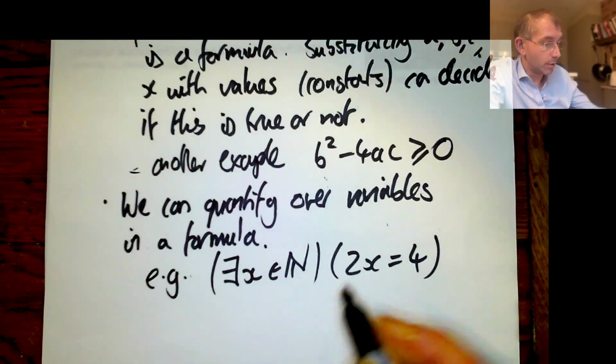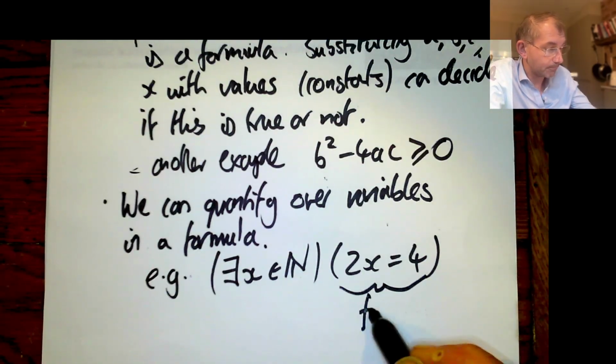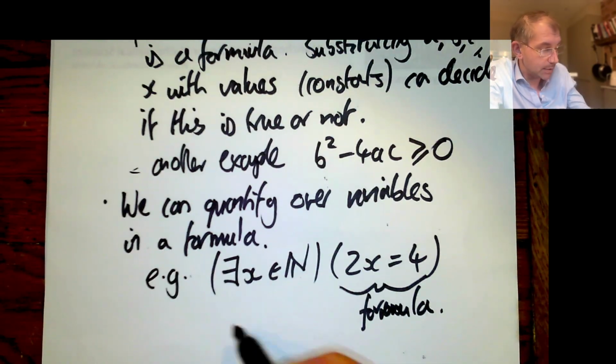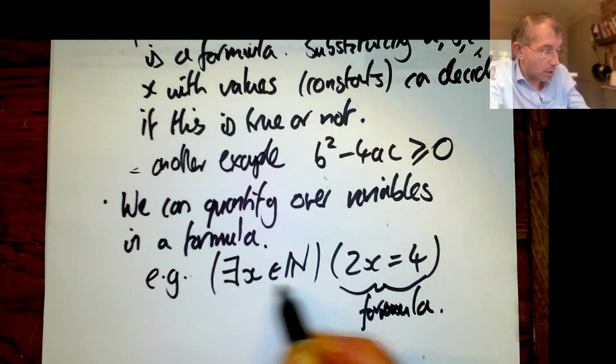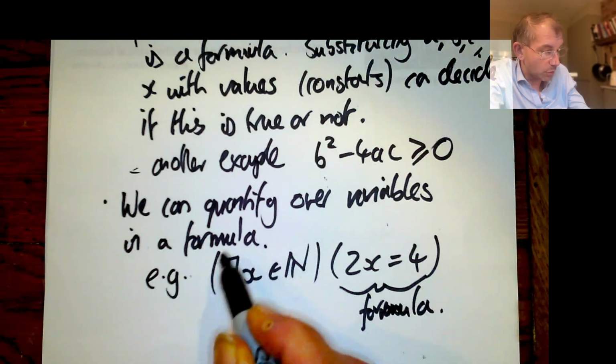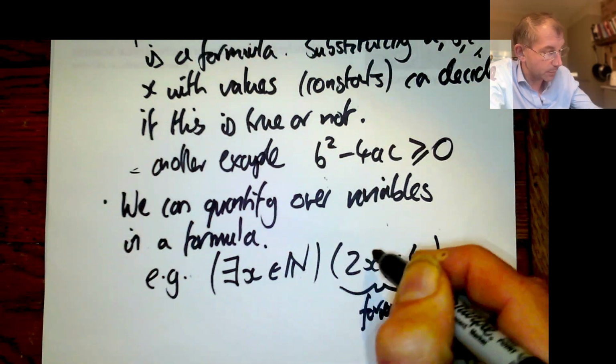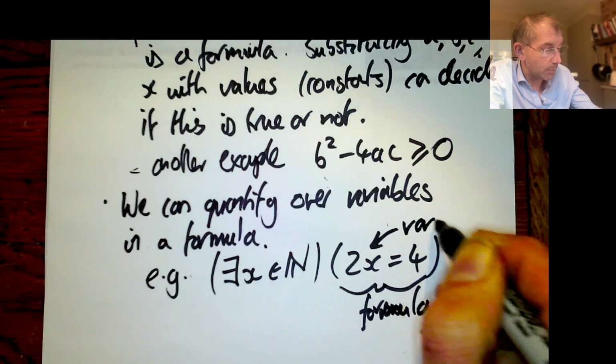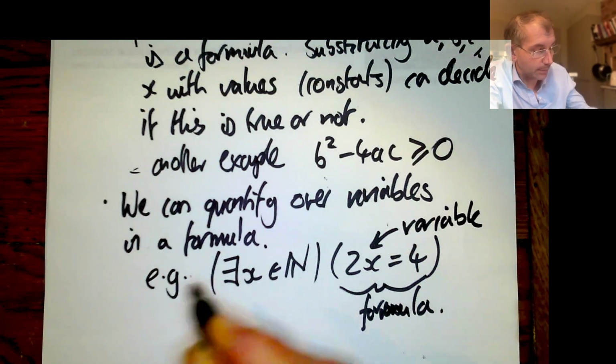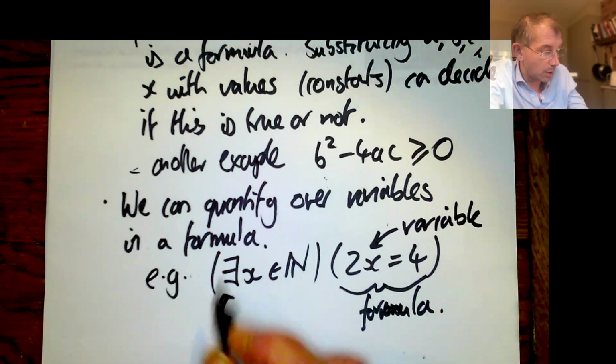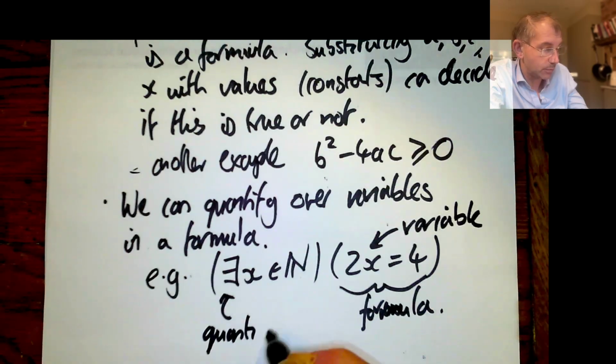Okay, so this is the formula, and this is the quantified variable. So this is a formula, this is a variable, and this is a quantifier. This is the existential quantifier.